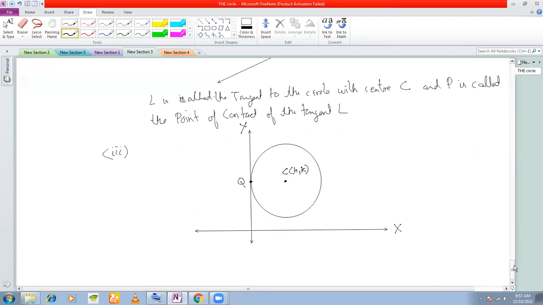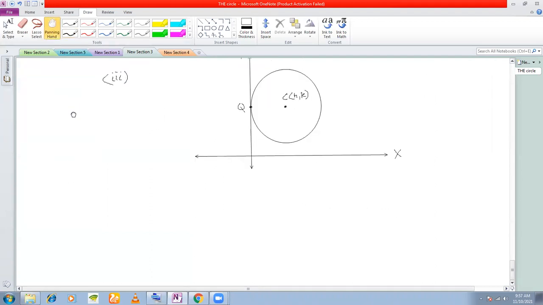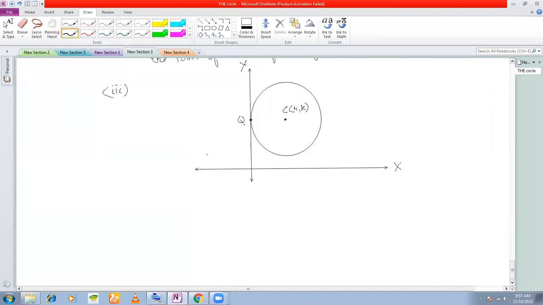Okay. Now, if you see if this circle touches this y-axis, then what can you say about the radius of the circle? If you drop a perpendicular here, this length CQ is the radius of the circle, right? Now, this coordinate is H, K, right?